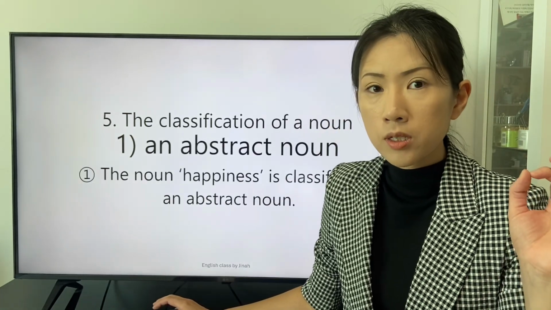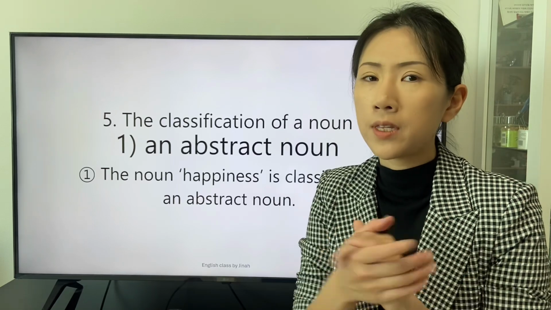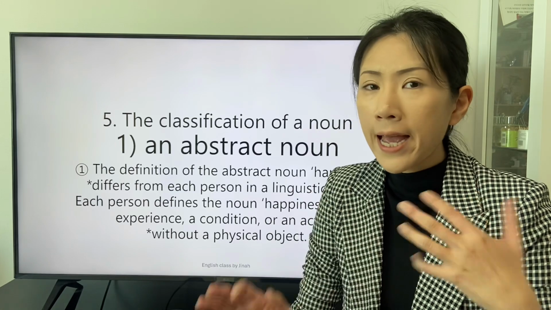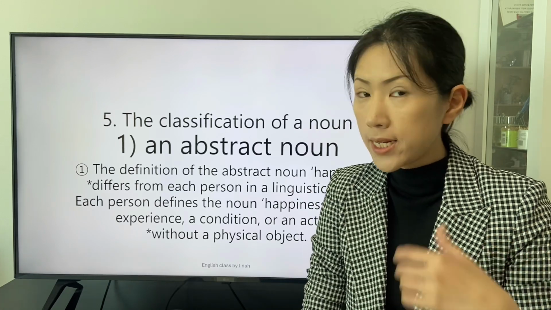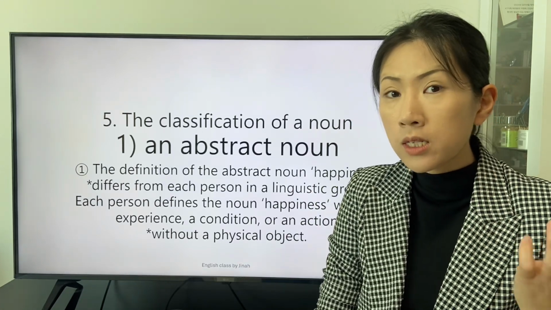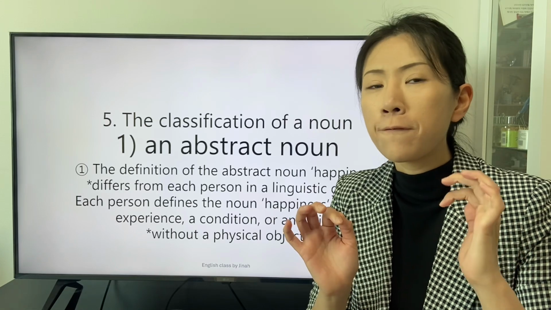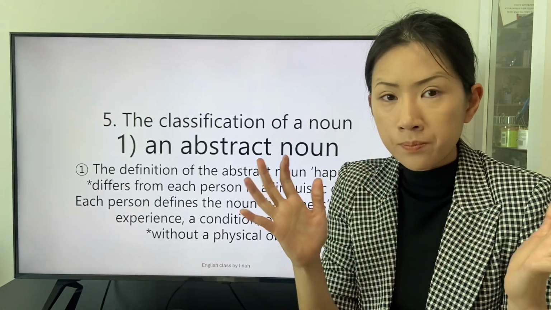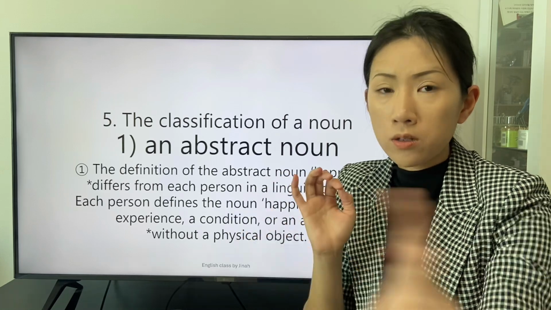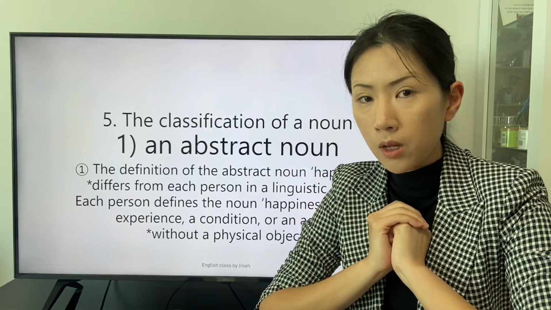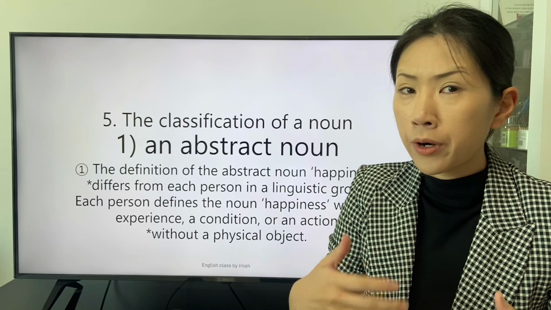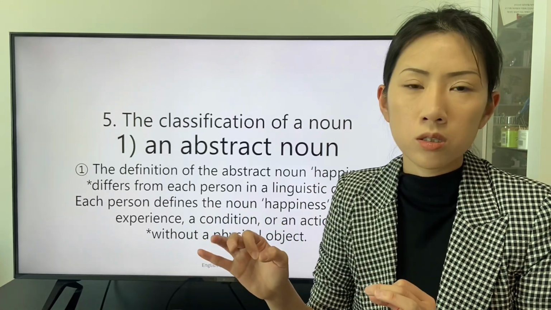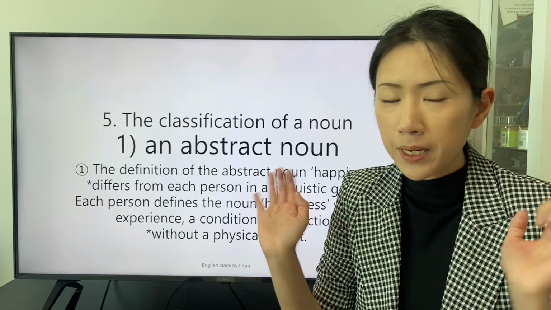The first example of the abstract noun is happiness. If I ask you the question, what is happiness? The answers of us will vary, and each one of us will accept our own definition on the object happiness.